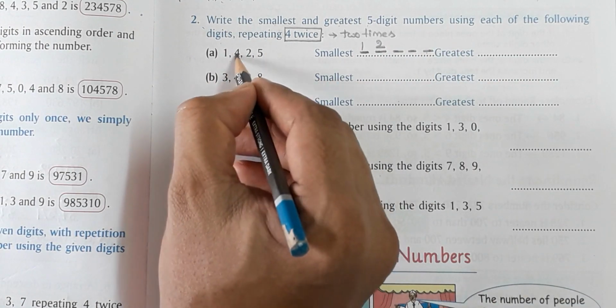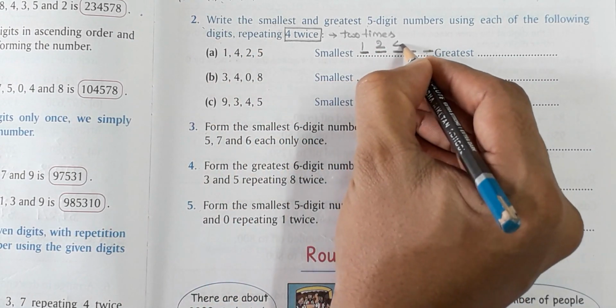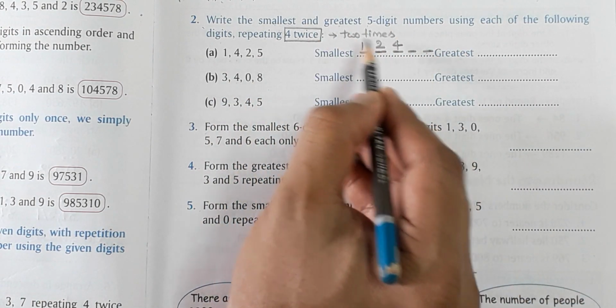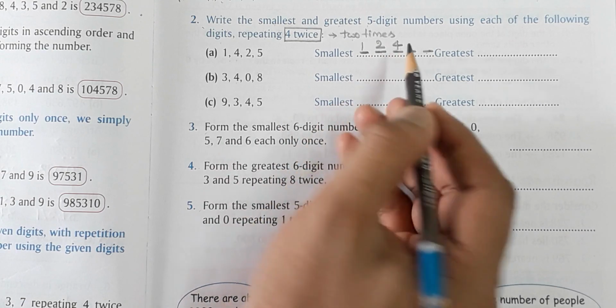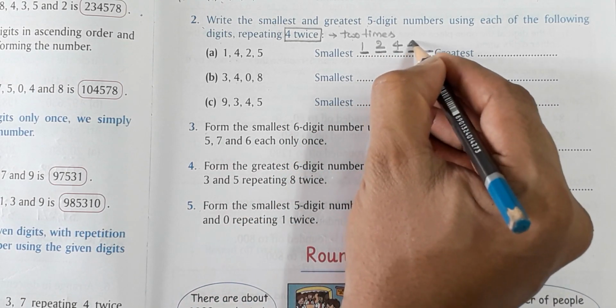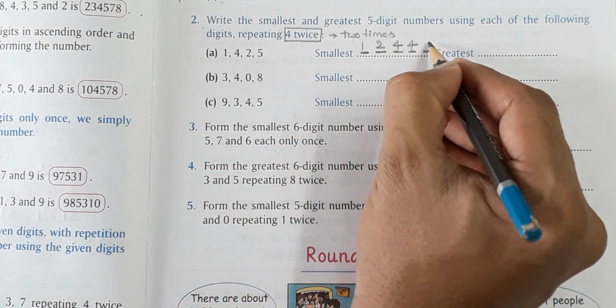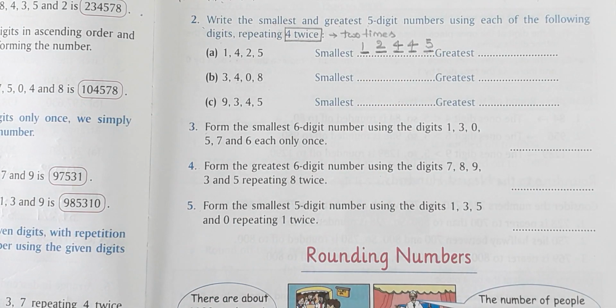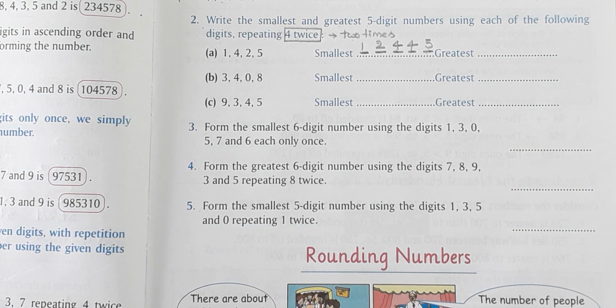Of 4 and 5, which is smallest? 4. But in the given question they told we can use 4 how many times? 2 times. Here already I used it 1 time, so the second time also finished. And lastly what we have? 5. Okay. This is the way how we will repeat the digits according to the question given.